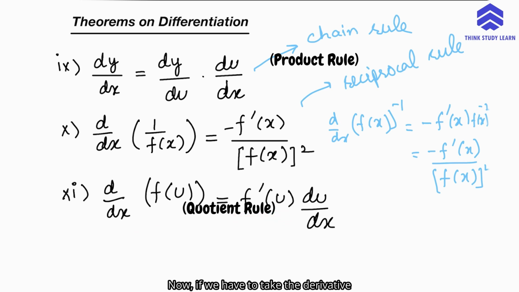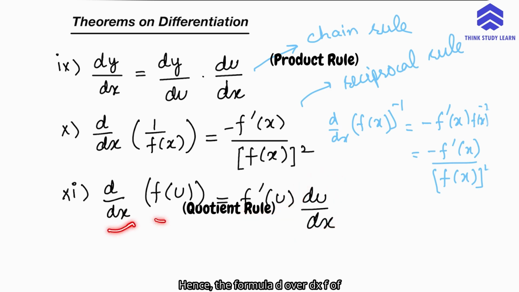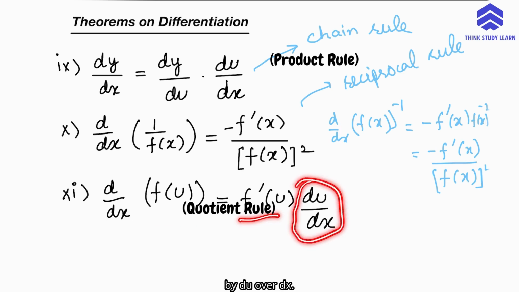Now, if we have to take the derivative of a function involving a variable with respect to a different variable, then what we have to do is write the derivative of the function with respect to the variable involved, multiplied by du over the variable with respect to which we are taking the derivative. Hence the formula d over dx f of u is equal to f derivative u multiplied by du over dx.